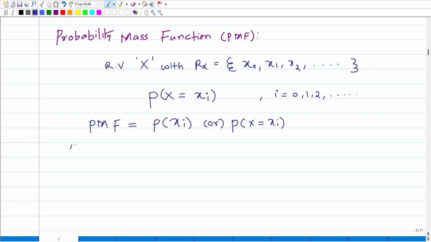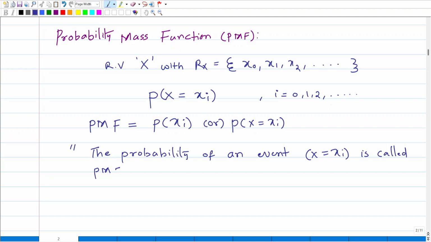So you can define it as the probability of an event x equal to xi is called probability mass function. We always apply the probability on the events. Here the event is x equal to xi.